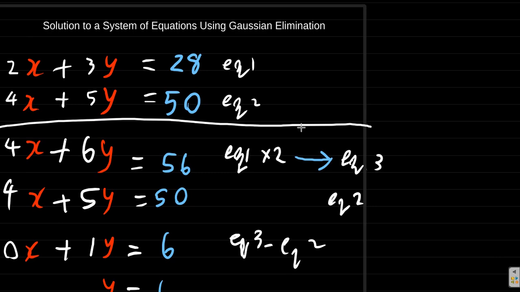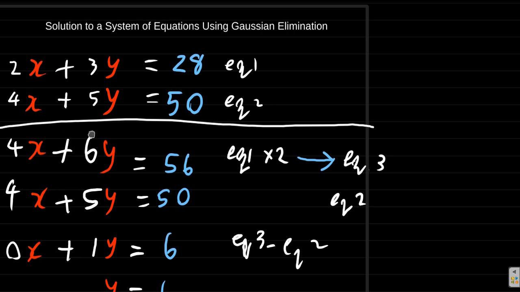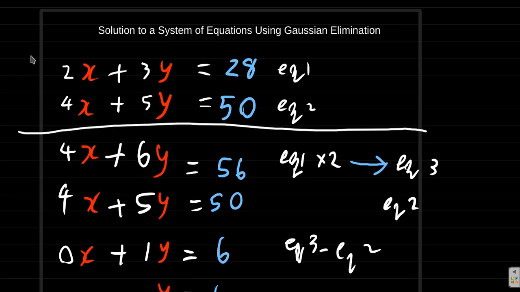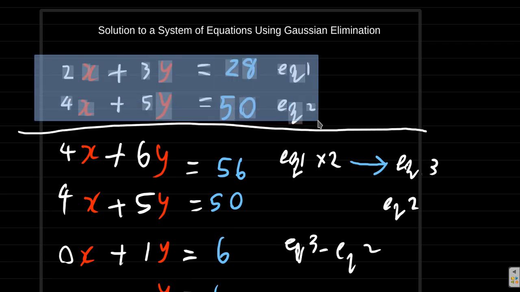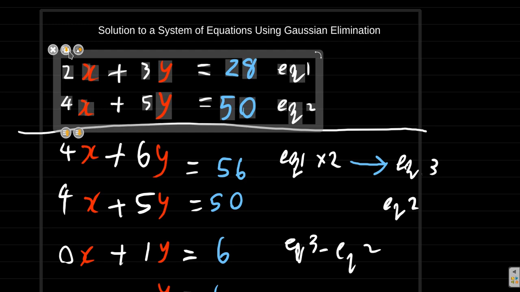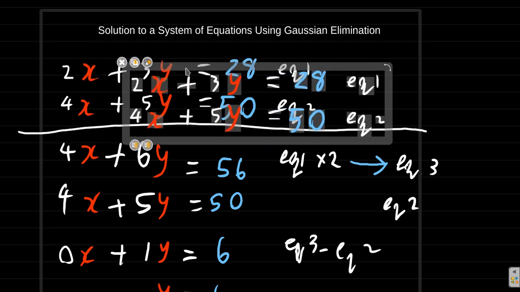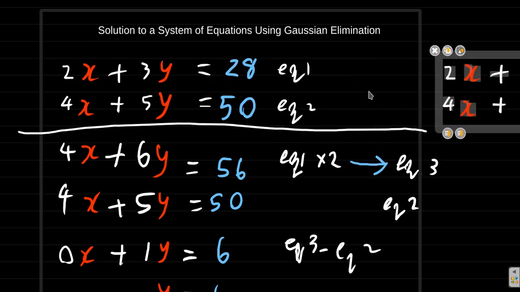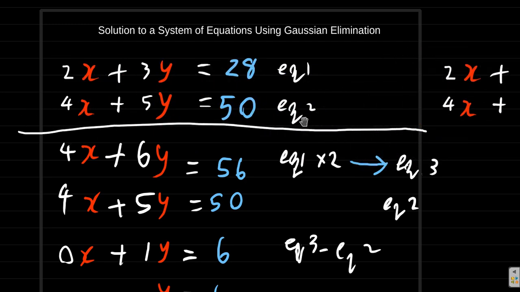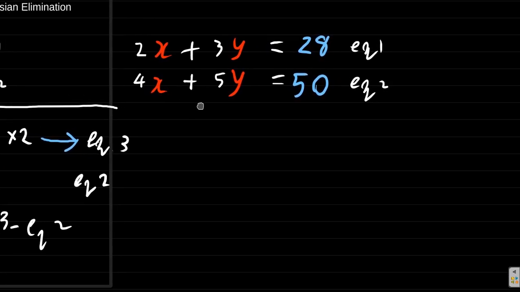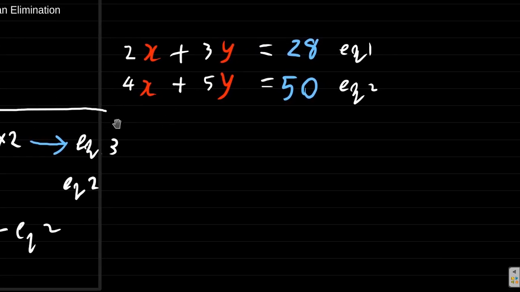Let's rewrite all of this over here. I could just copy it and put it over here instead of rewriting it. Alright, so we have all of these things here.